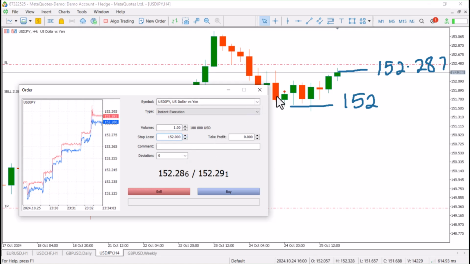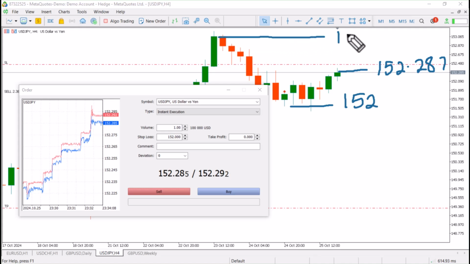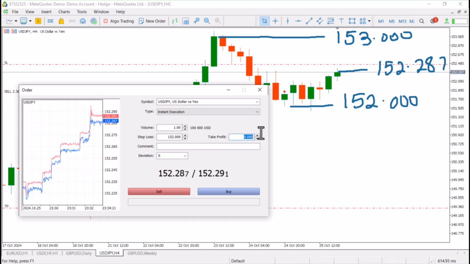Once we set that, then we set our TP. Let's say, for instance, we want our TP to be at 153. Then we set our TP to be 153. Since we are buying, our TP has to be above our entry or the current market price. Once we set it, we click on our buy.